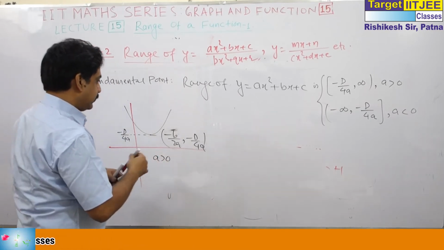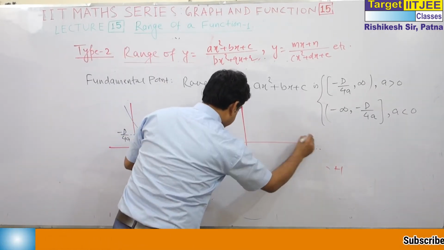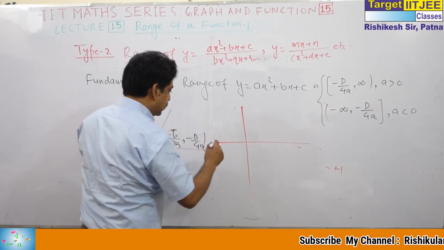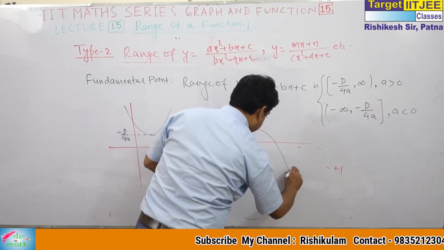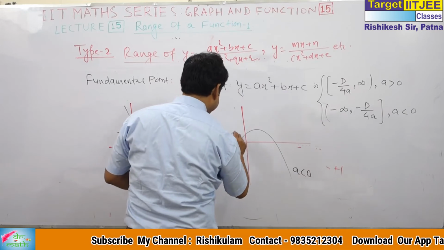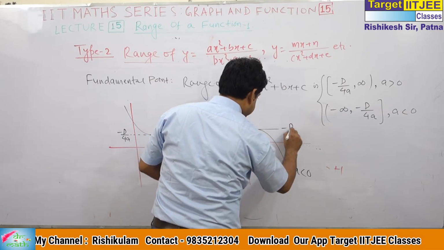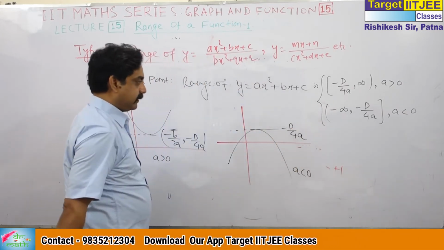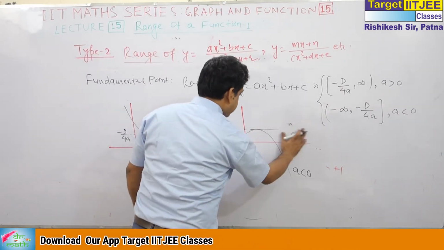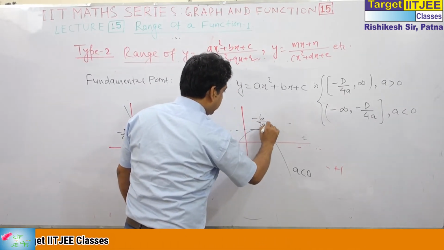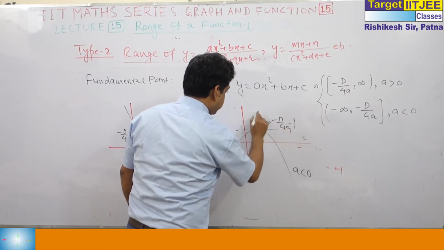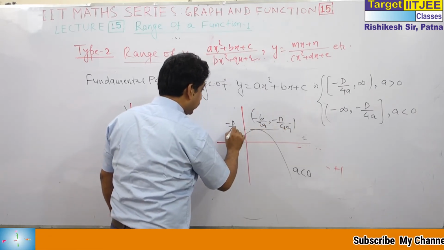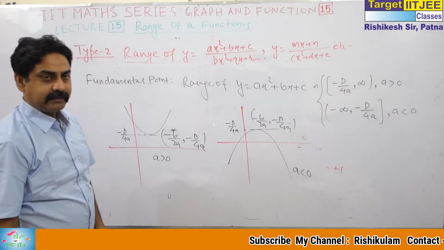And what is the graph when a is less than 0? The turning point is minus d by 4a, so the range is up to minus d by 4a. You can use that.